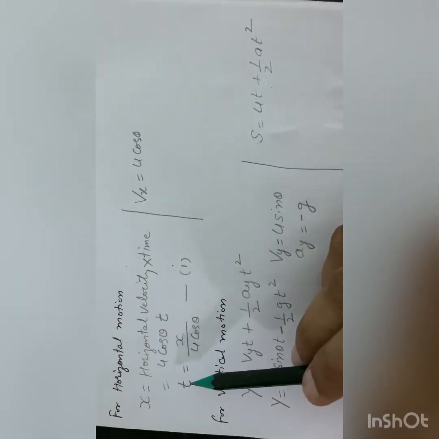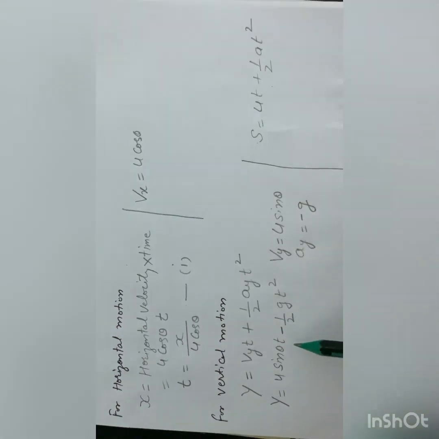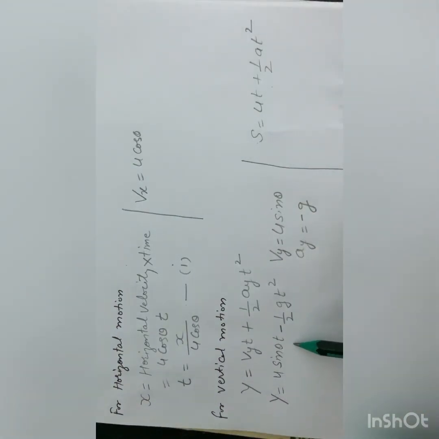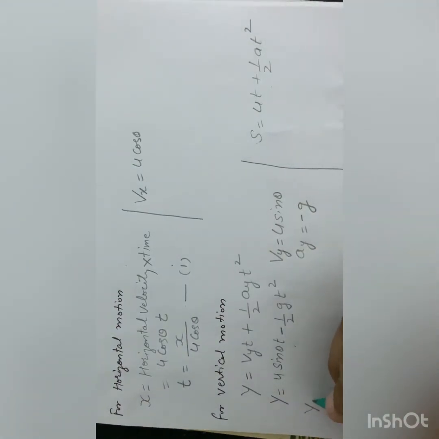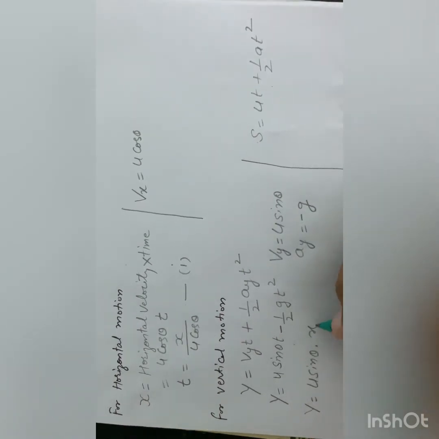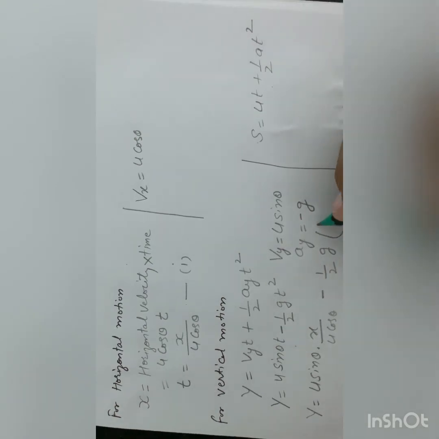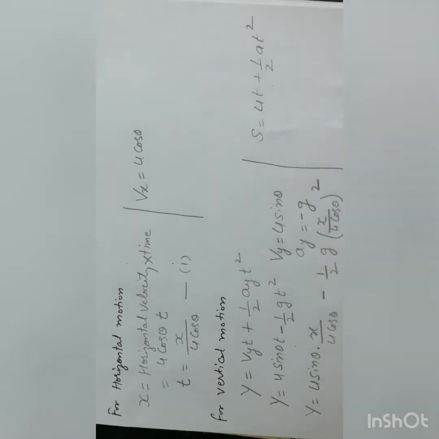We put the value of t from equation 1 in this equation. We get y equal to u sin θ times x over u cos θ, minus 1/2 g times x over u cos θ, whole square.